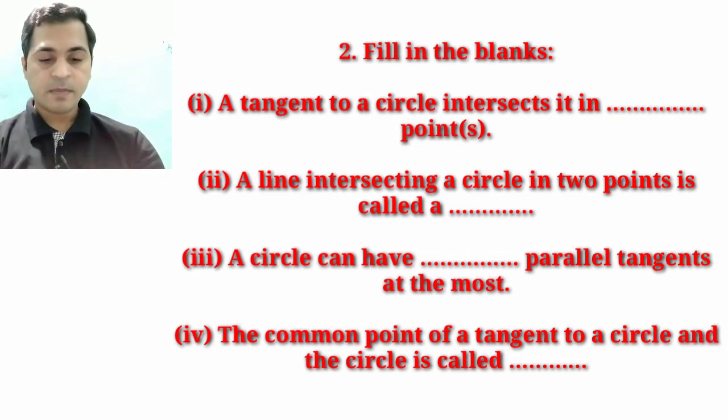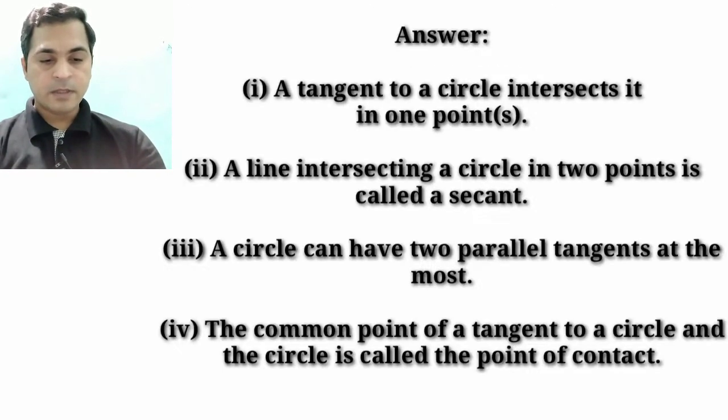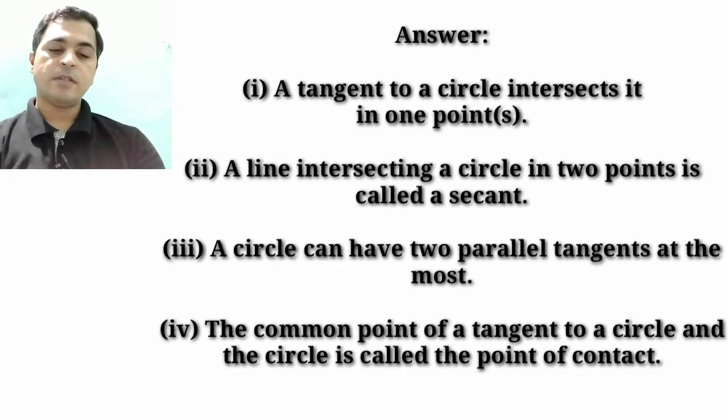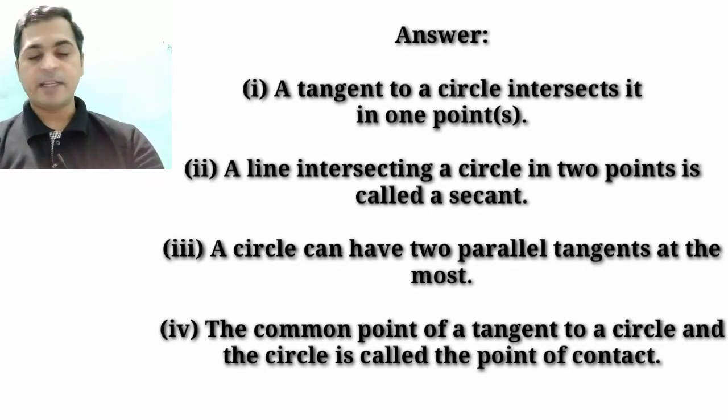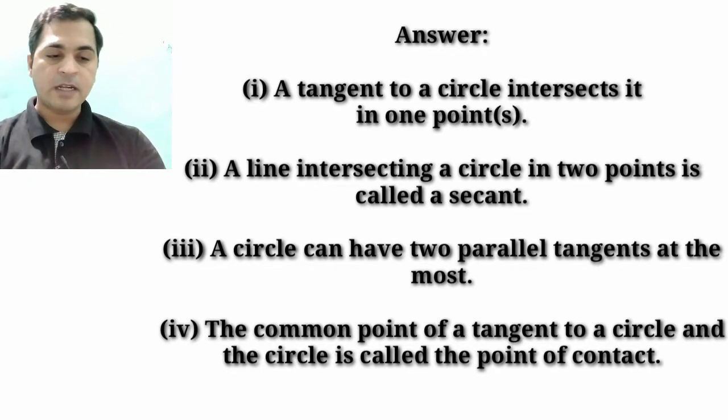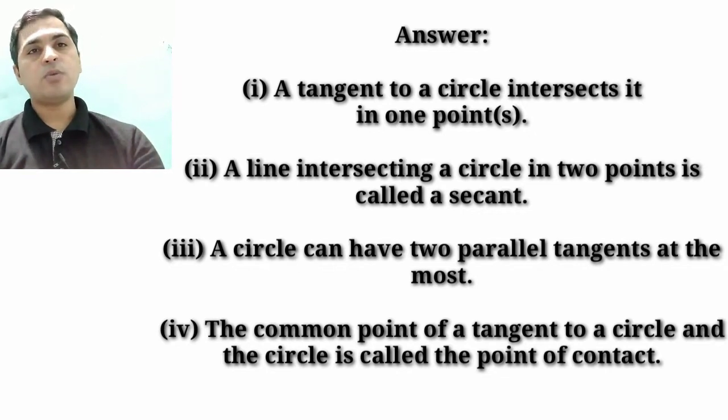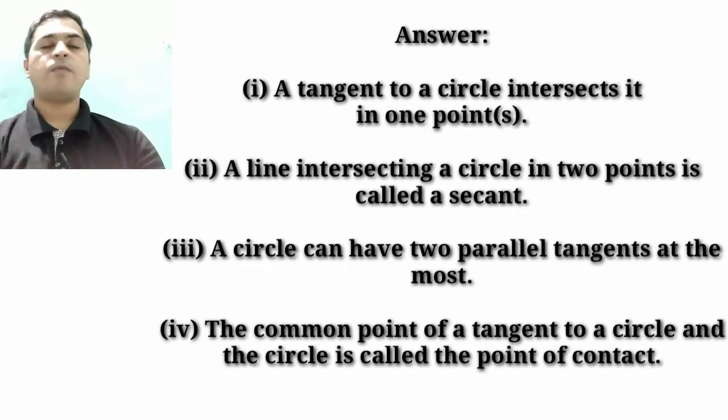Okay students, so let us see the answers over here. A tangent to a circle intersects in how many points? 2 points? No, because students, we have studied the definition of tangent. A line which passes through the circle at 2 distinct points will be a secant.